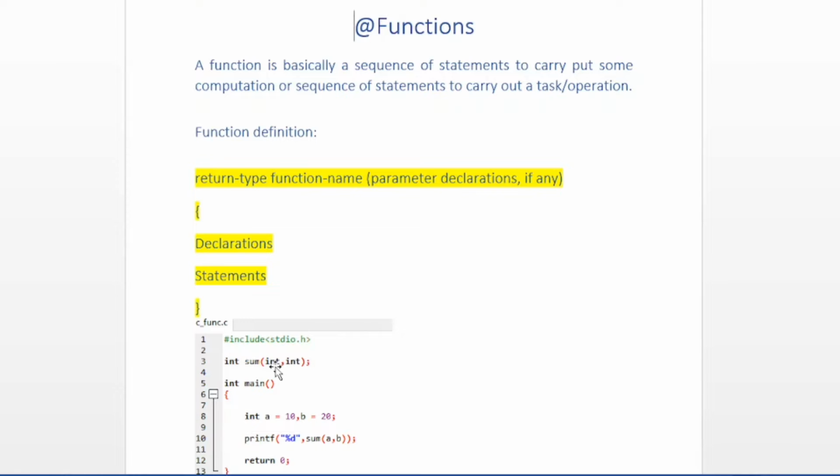These two variables will be passed during the function call, and their values will be assigned to these parameters. Once the computation for addition is completed, this function will return a value, and the returned value will be of type int.